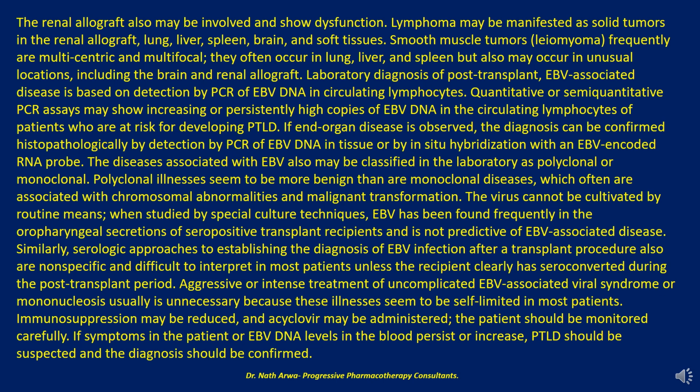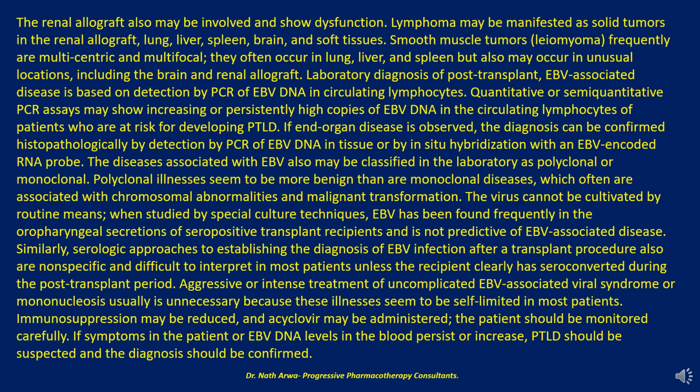The diseases associated with EBV also may be classified in the laboratory as polyclonal or monoclonal. Polyclonal illnesses seem to be more benign than monoclonal diseases, which often are associated with chromosomal abnormalities and malignant transformation. The virus cannot be cultivated by routine means.